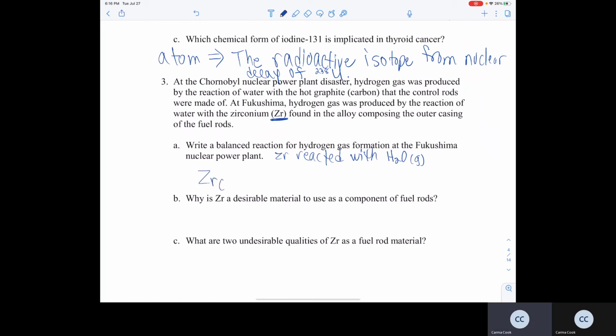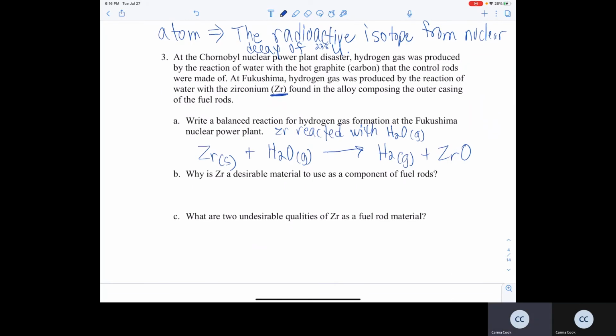So the zirconium, solid metal, reacting with the water vapor, and that reaction produced hydrogen gas and zirconium oxide. So we knew we already had the H2, and then we also have to balance the reaction on both sides. So there need to be a zirconium and an oxygen on the right as well. So those were the two products of the reaction.